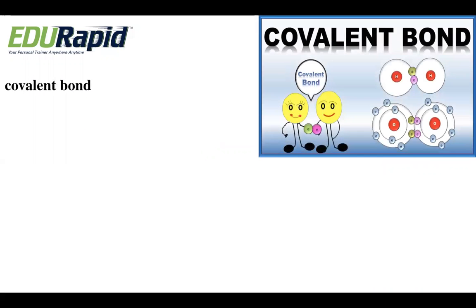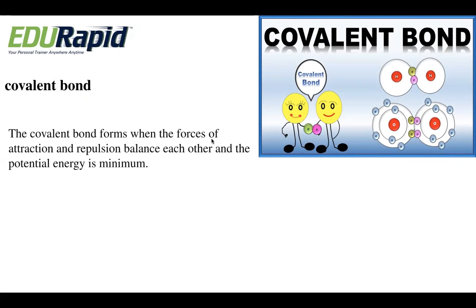Now we'll move on to the next important topic, that is the covalent bond. What do you mean by covalent bond? The covalent bond forms when the forces of attraction and repulsion balance each other and the potential energy is minimum. It is a bond formed between two atoms.